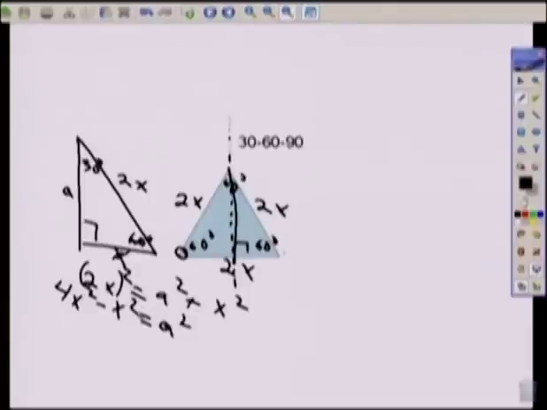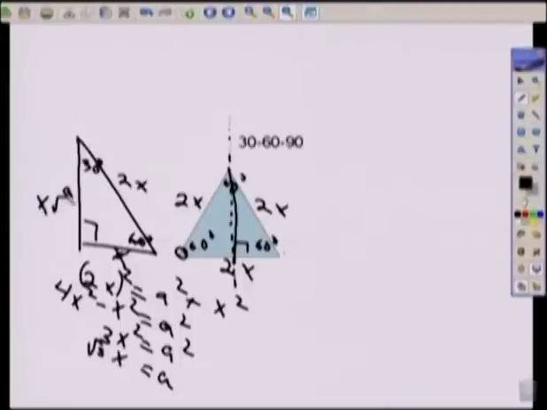So I squared the 2x and subtracted x squared from both sides. I've got a squared. I want to know what a is, so I'm going to take plus or minus the square root. Again, I'm going to only deal with the positive in this particular example today, and I'm going to end up with square root of 3 times x.